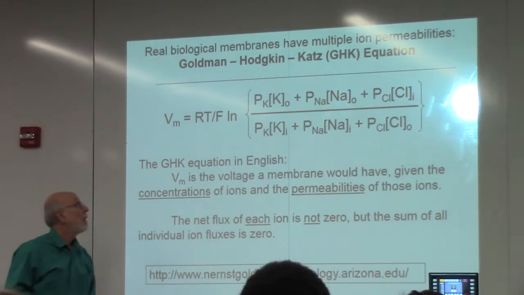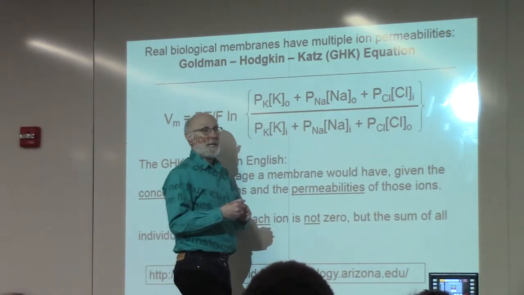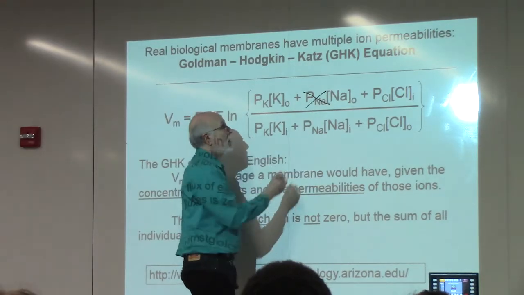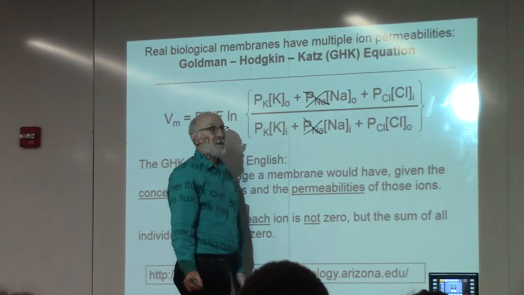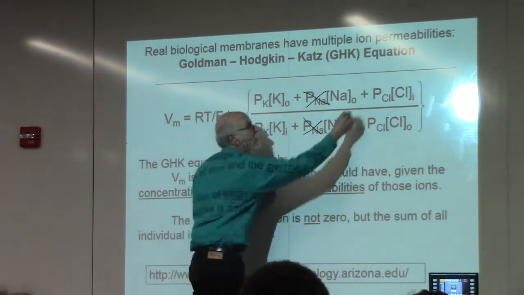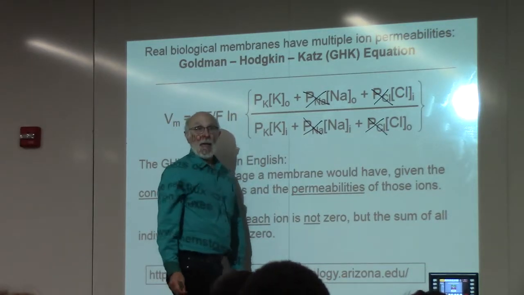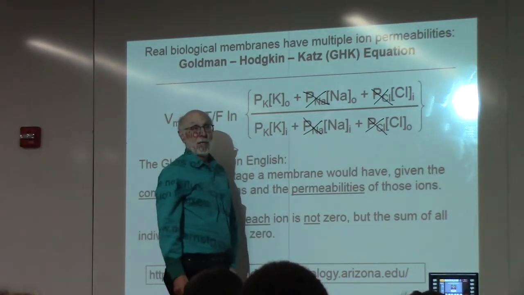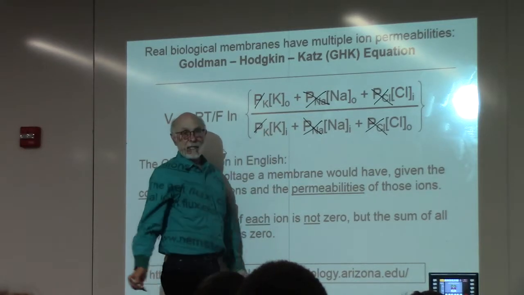Is this true? Well, it is, because if the membrane is permeable to potassium and only to potassium, this is 0 and this is 0. So they disappear. And this is 0 and this is 0. So they disappear. And this is all that's left, and these terms cancel.